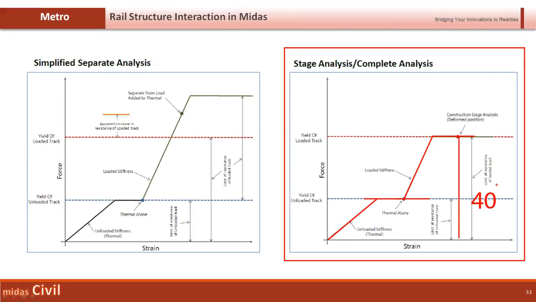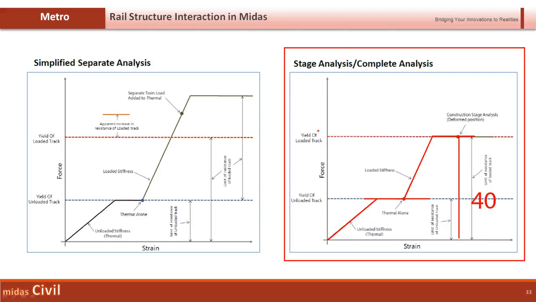So when the train load is applied in the complete analysis, the displacement and the internal forces due to the thermal load that we have considered are maintained. It does not return to the original state. The resistance then switches to the loaded stiffness curve over the road bed where the train load is applied.